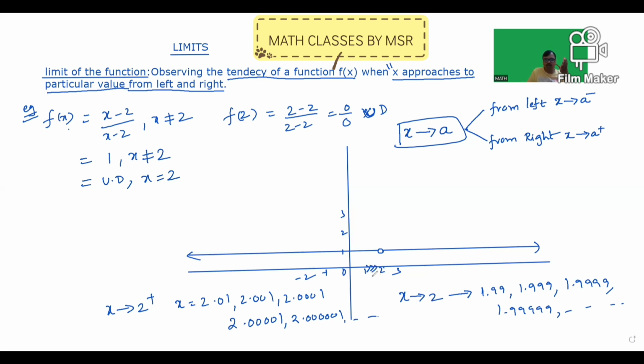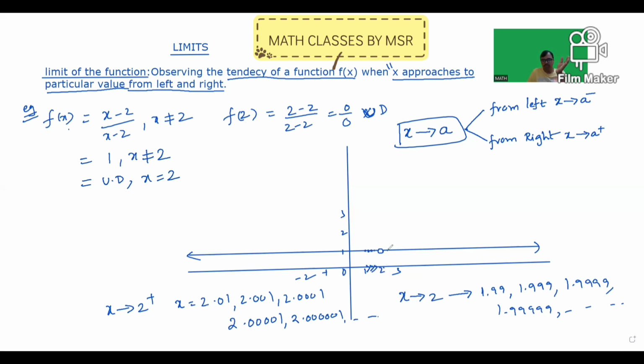If you take the values from left, 2.01, 2.001, and so on, for this f of x the value is 1, even for this one, all the values it is 1 only. So it is approaching 1 only.